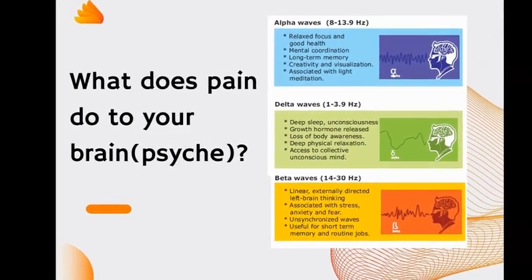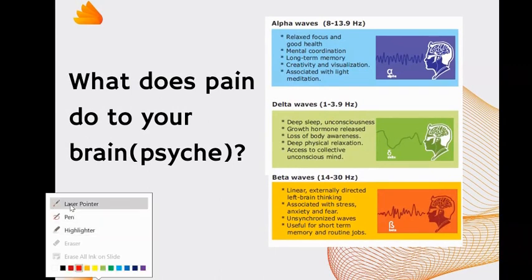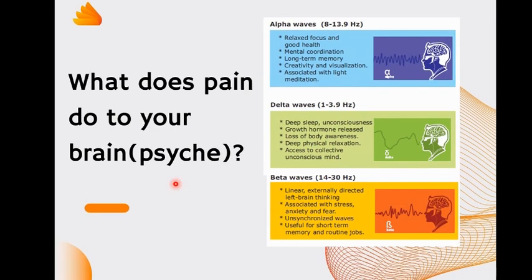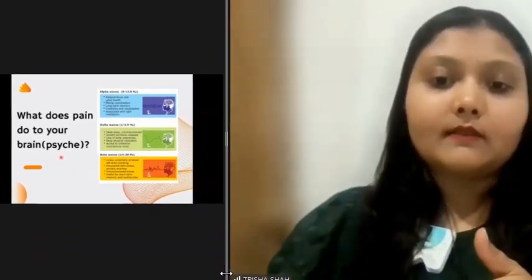Now, delta waves have this range, which is also important to be maintained, because it is connected with multiple areas like deep sleep, unconsciousness level, growth hormones which are released, loss of body awareness, deep physical relaxation, access to collective unconscious mind information from there. So it's connected with all of these things.